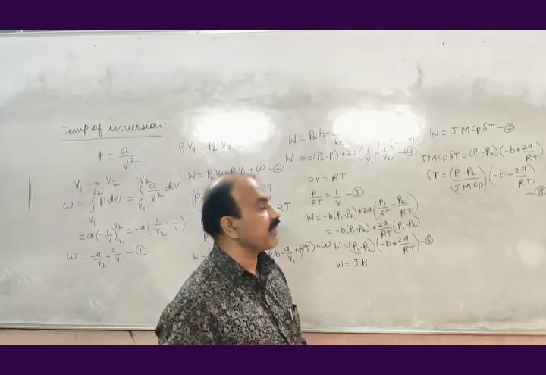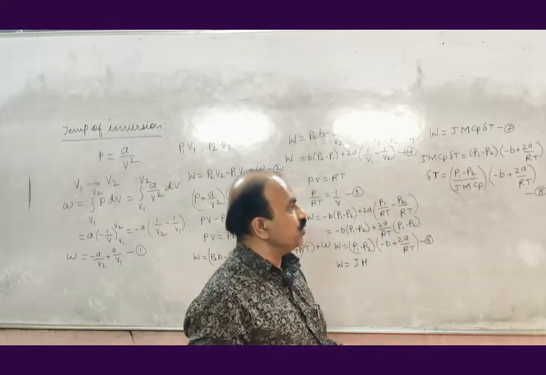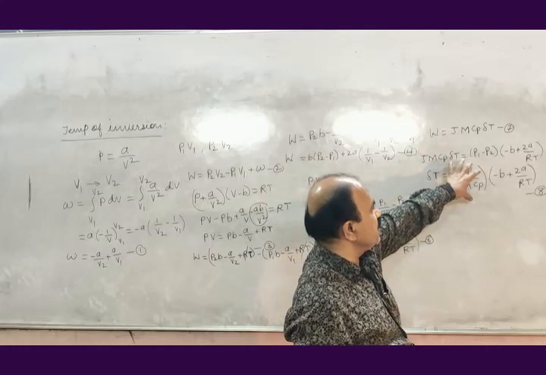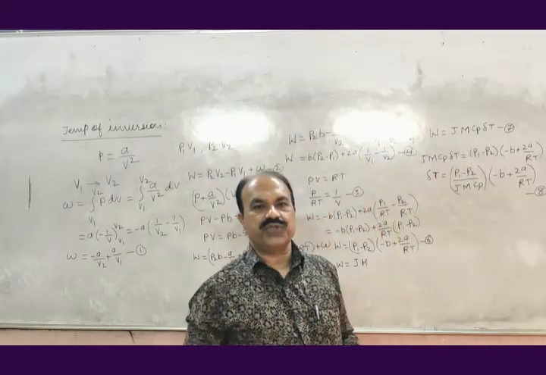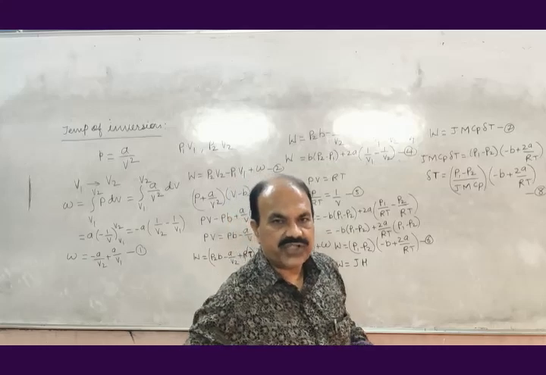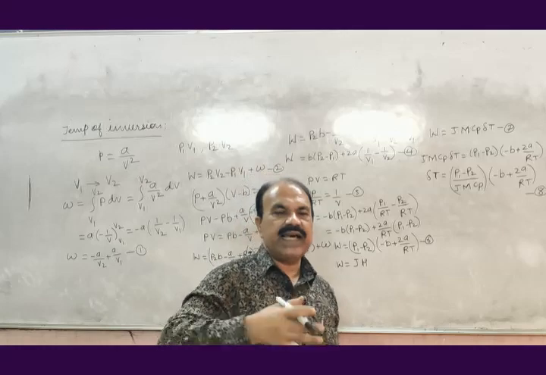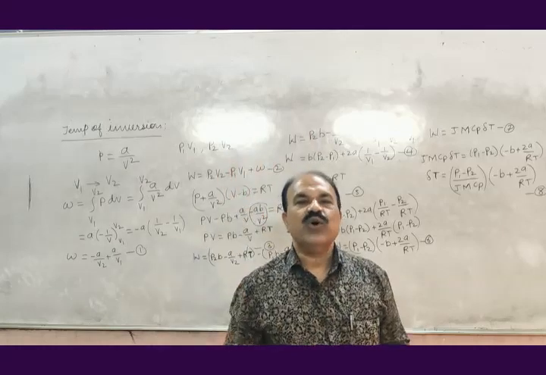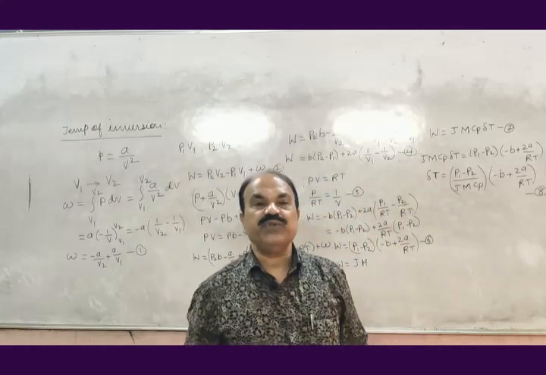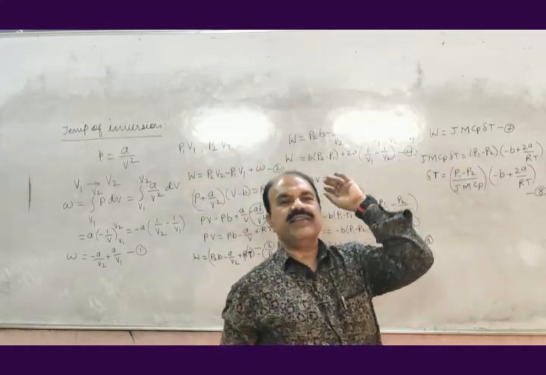Now P1 minus P2 is positive, so this first term is always positive. The pressure of the incoming gas is always more than the pressure of the outgoing gas, and therefore the term P1 minus P2 is always positive. So the first bracket is always positive.